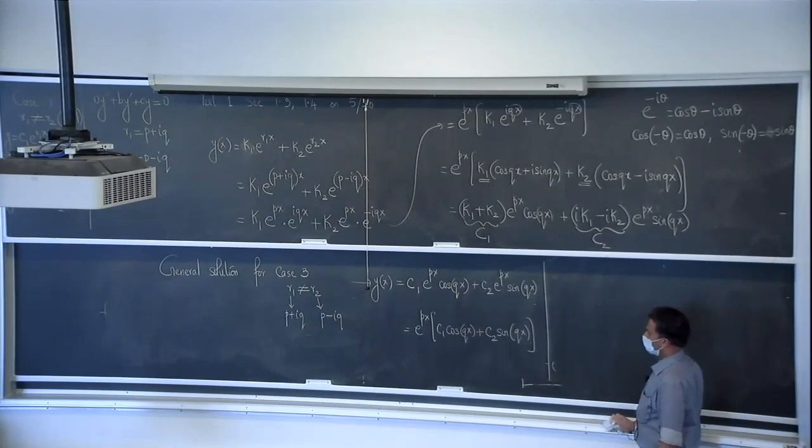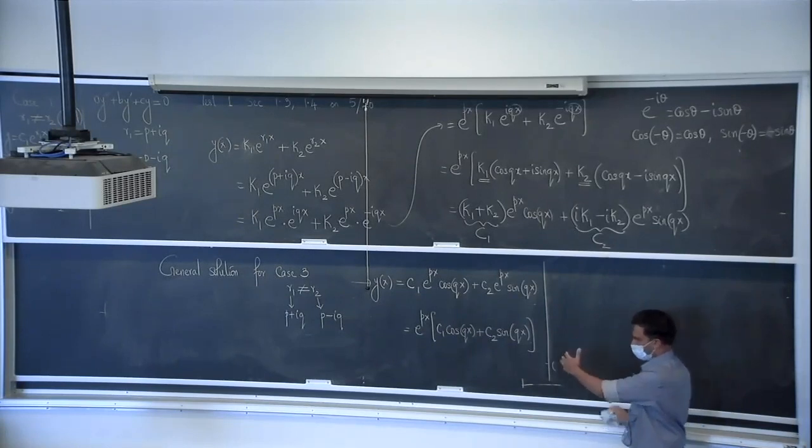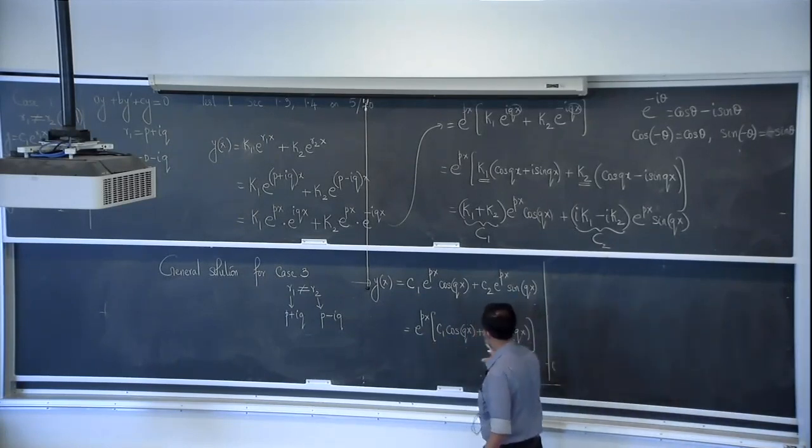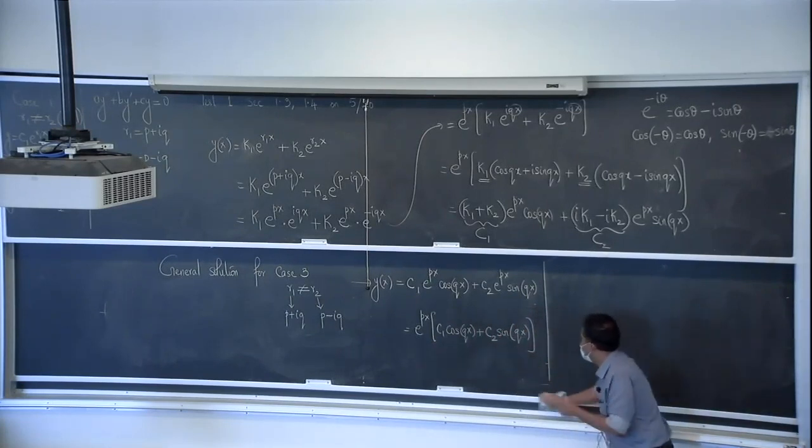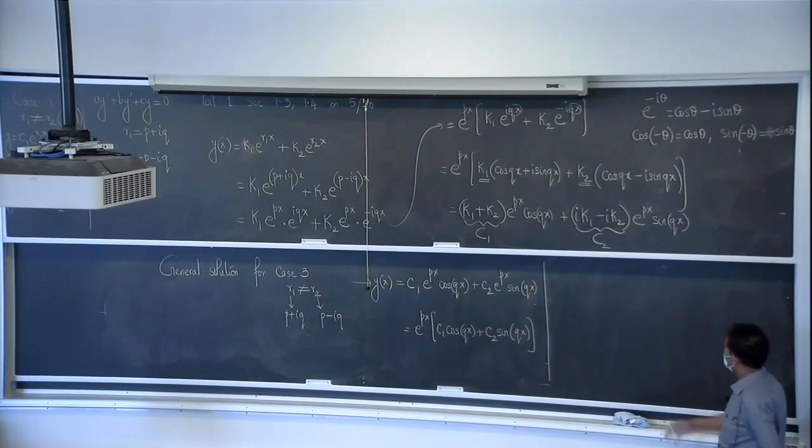Should we worry about what K1 and K2 are? No. We only need to worry about C1 and C2. That is what will decide the general solution. And both these functions are independent of i, which means they are real valued. And we couldn't have done this without Mr. Euler, so you need to be indebted to him.